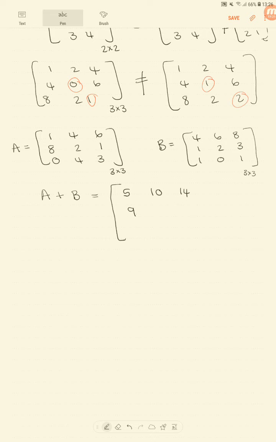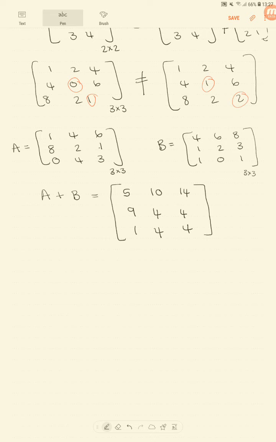Second row, second entry, 2 plus 2 is 4. Third entry, second row, 1 plus 3 is 4. Third row, first entry, 1 plus 0 is 1. 4 plus 0 is 4. And 3 plus 1 is our final entry, so 4.